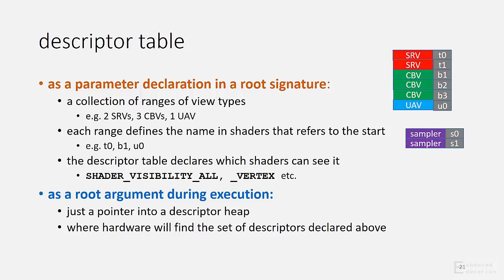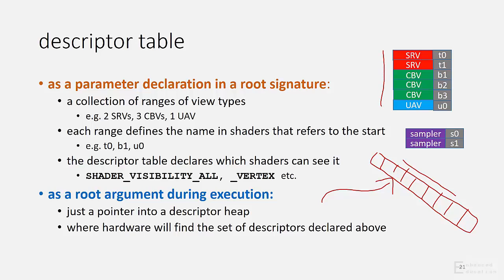At execution time, a descriptor table root argument is just the pointer into a descriptor heap that tells the shader where to find the range of descriptors declared in a descriptor table.